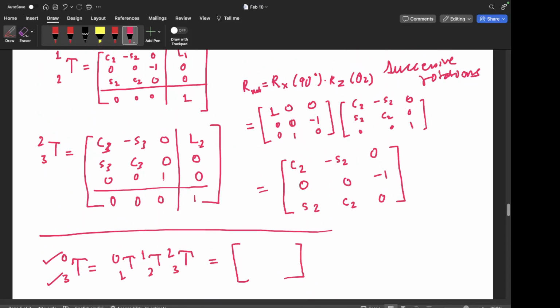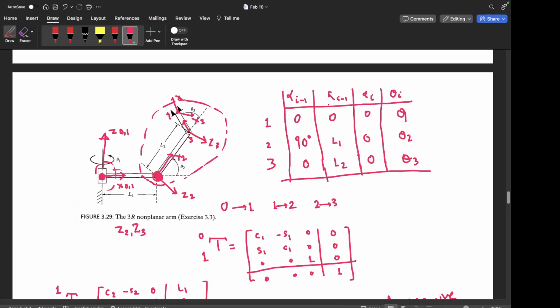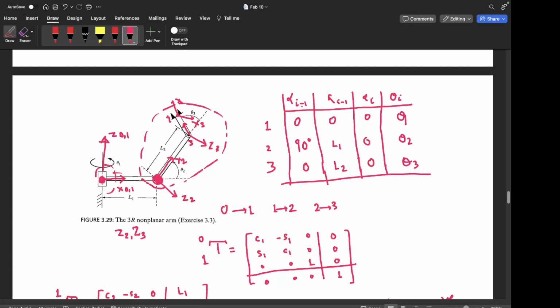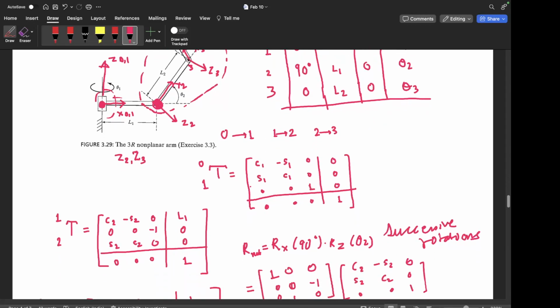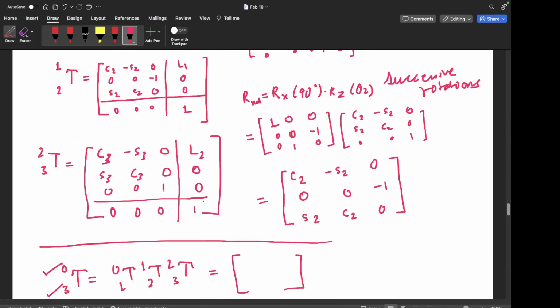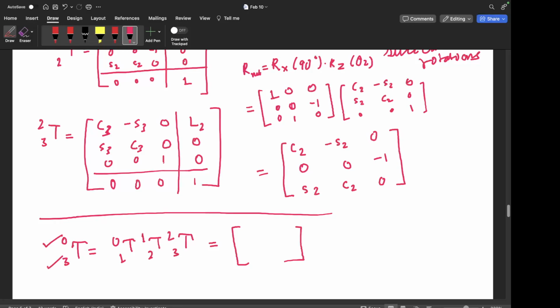If you remember how we got the formula of the transformation matrix, these four quantities correspond to translations and rotations about the z and x axes, which we mentioned when we discussed DH parameters: this is a rotation about z, this is a translation about z, this is a translation about x, this is a rotation about x, and we multiply all of them to get the transformation matrix, which is what I did here.